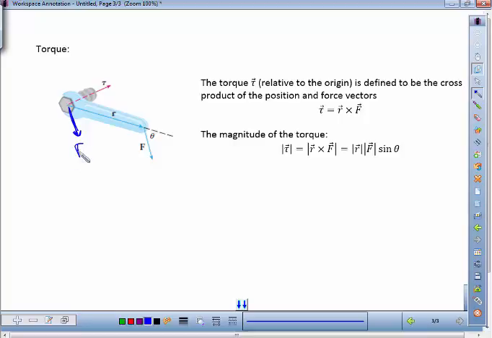And then using your right-hand rule, as we established last time for the cross product, if you go from the r vector to the f vector in that direction, then your torque is going in the direction the right-hand rule points.